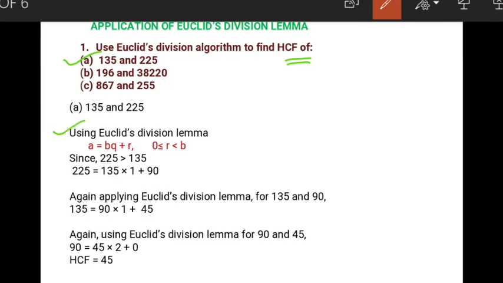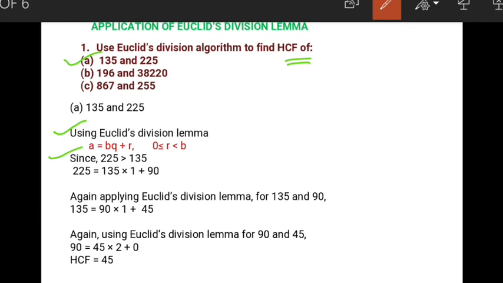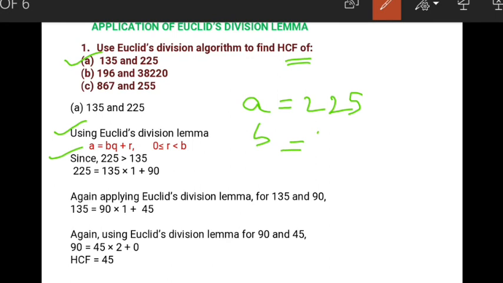Using Euclid's division lemma, a = bq + r. Since 225 is greater than 135, you can use 225 as the value of a and 135 as the value of b. So in place of a you use 225 and in place of b use 135.